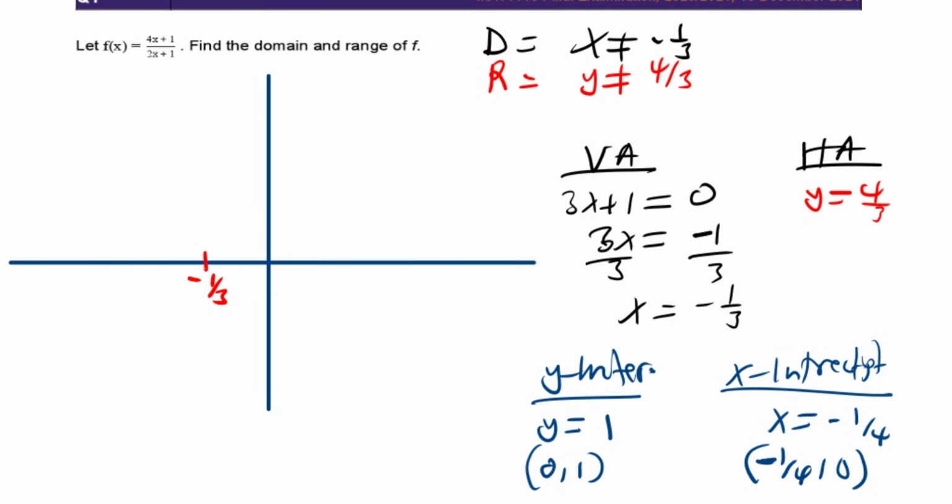I'm going to put it here. Now you draw a dotted line touching the horizontal asymptote and a dotted line touching the vertical asymptote.